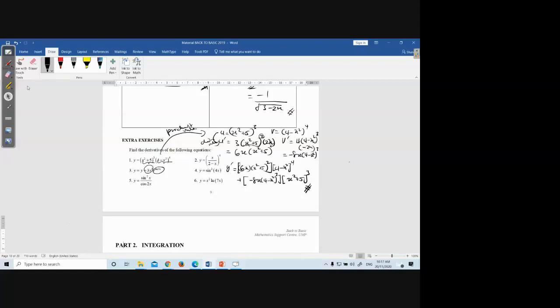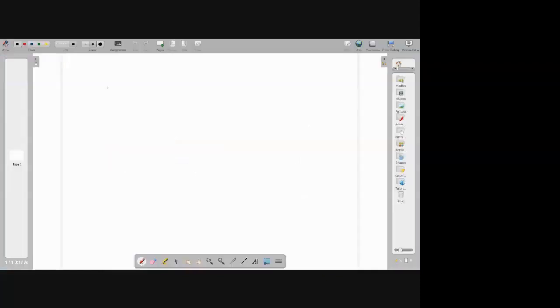Let's solve it here. Take the first term as u and the last term as v. So u prime is 9x squared.